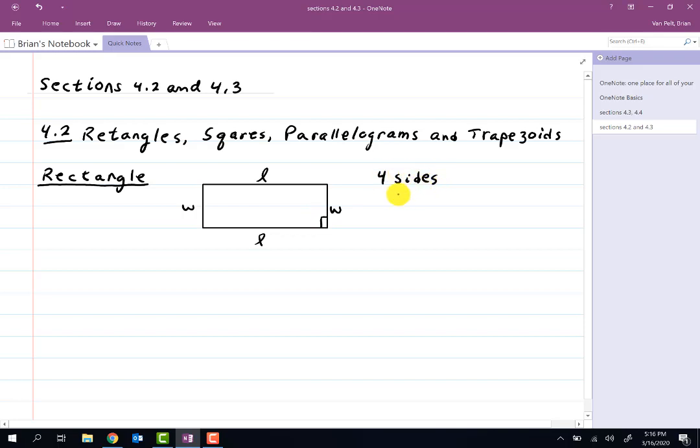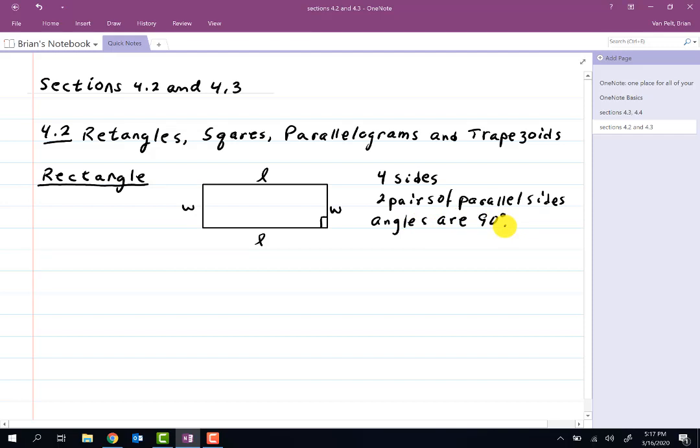We have two pairs of parallel sides, and the angles are all 90 degrees.